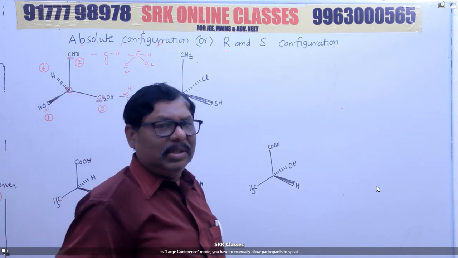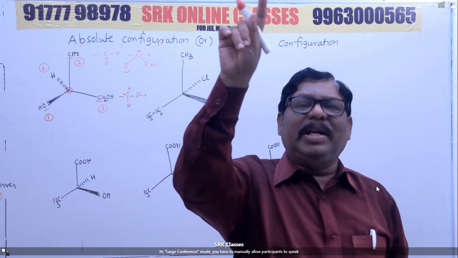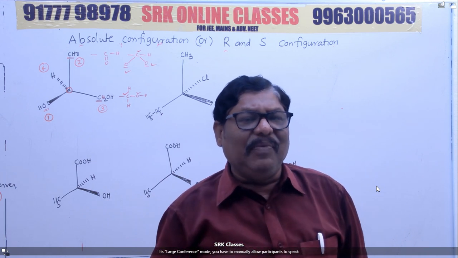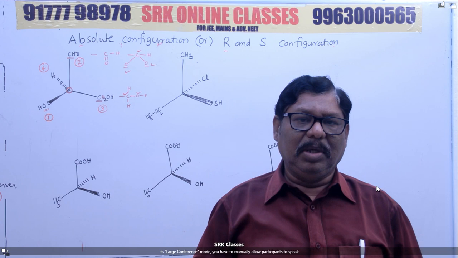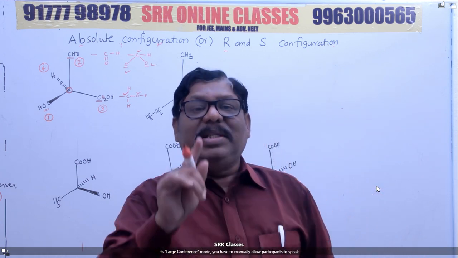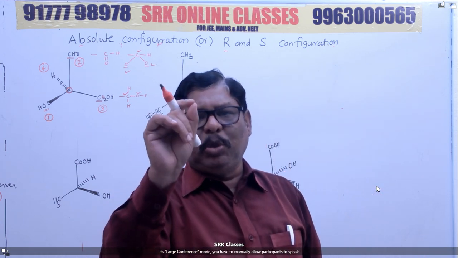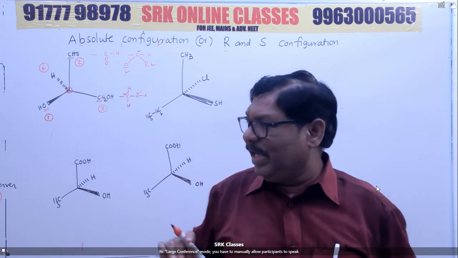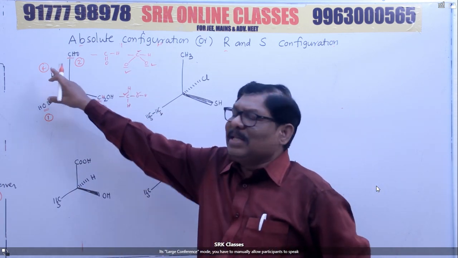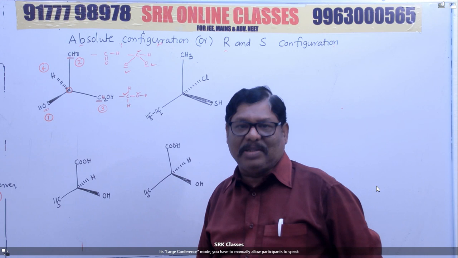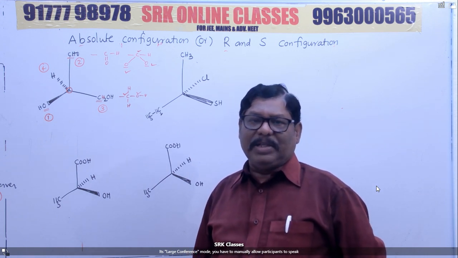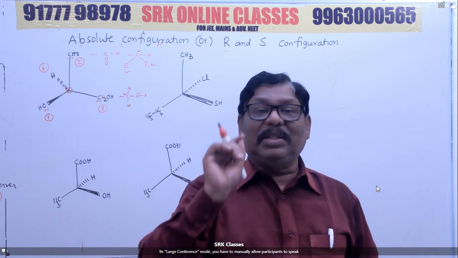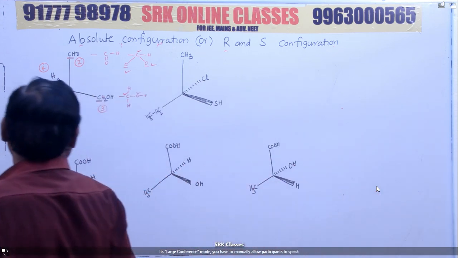This is about the first point. Write the priority for all substituents on the basis of atomic number. I have given the priority for all the 4 groups. Second condition: see the fourth priority group, which should be away from the observer. Yes, the fourth priority group is away from the observer. It is a dash. Dash representation. That is the condition. Then connect the first 3 priority groups.